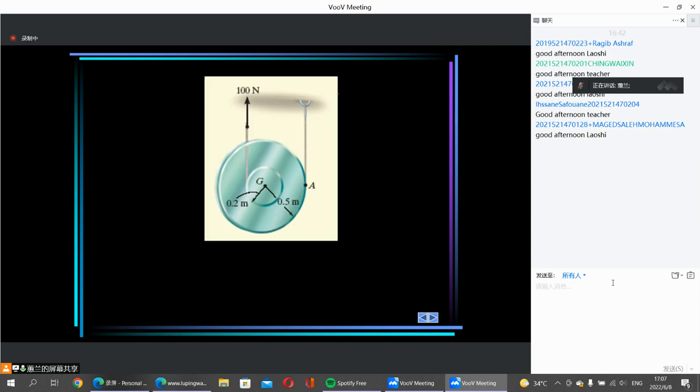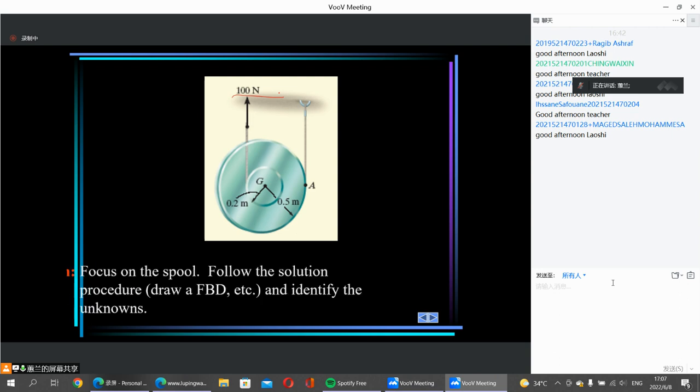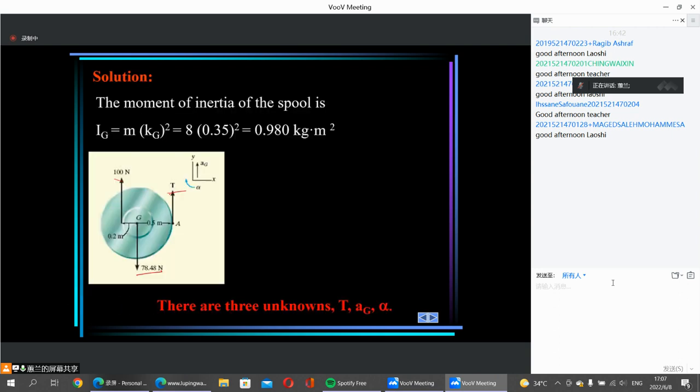Because this force is given as 100 Newton, and so here the tension force is unknown. So we have the FBD, right? This is the real force system on the disk. And for the KD, we have m aG, which is a kinetic force, and we have IG alpha, which is the kinetic moment. But why do we know that the acceleration of the mass center should go up?